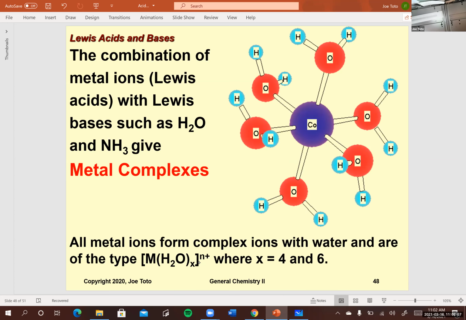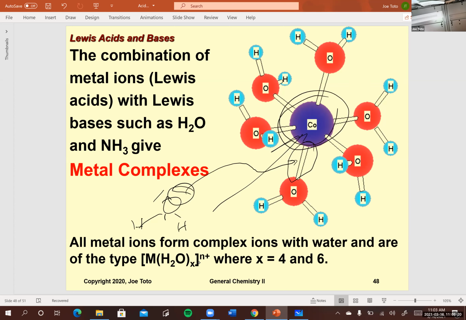This is kind of interesting when applied to metals. Metals have empty d orbitals. The Lewis structure of water has lone pairs of electrons, which are donated into the empty d orbitals, and they form what are called coordinate covalent bonds. So metals don't exist all by themselves in water.